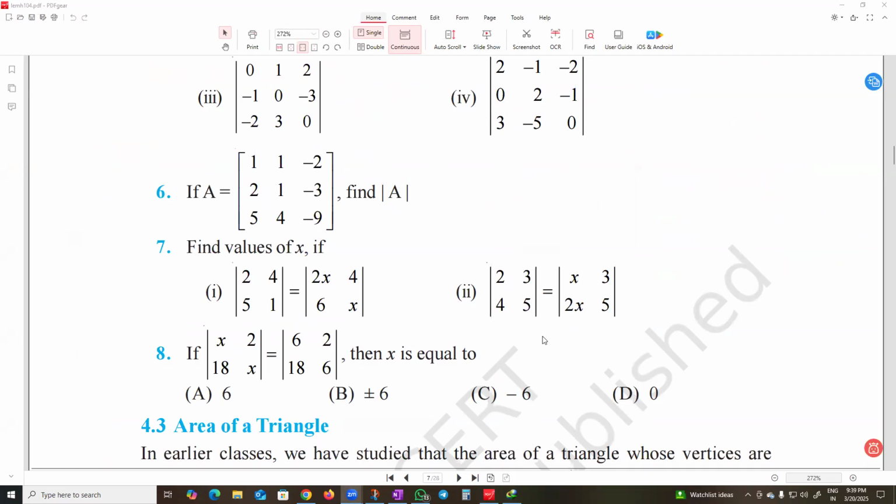What is the answer of 5-3? I think the second one is 46, not equal to 0. How much? 46.